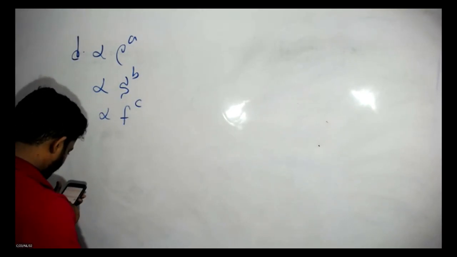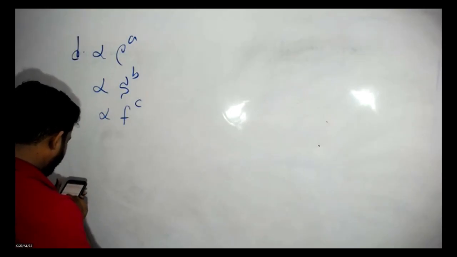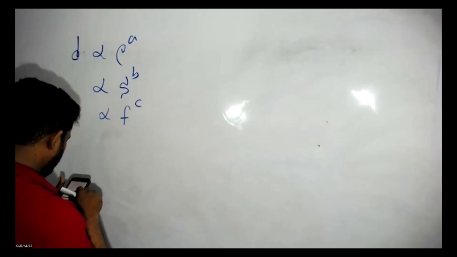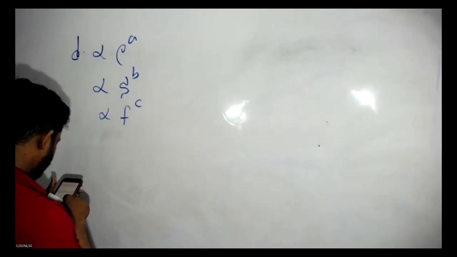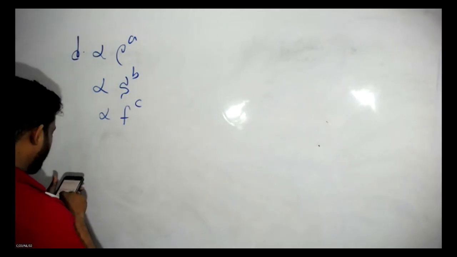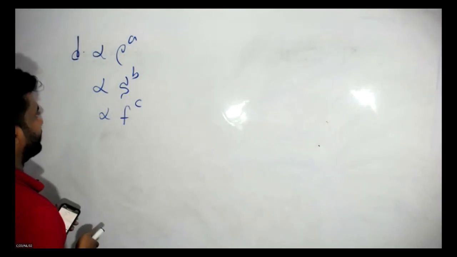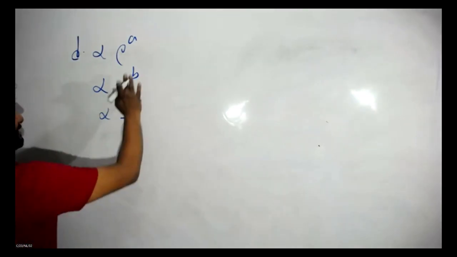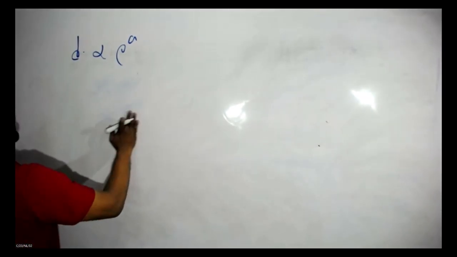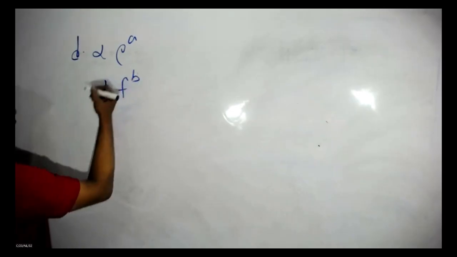Right? The engineer finds that d is proportional to s to the power 1 over n. They have given one. So let's do this: f to the power b.